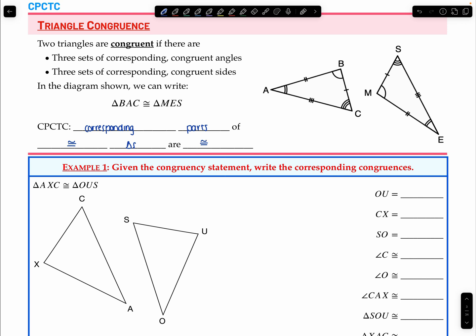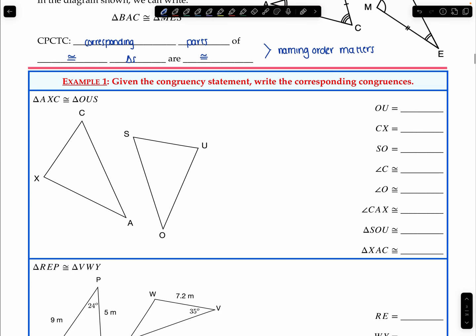Now, this is a mouthful for a bunch of nothing sauce. Because really what CPCTC tells us is that the naming order matters. It tells you exactly what part matches with what.